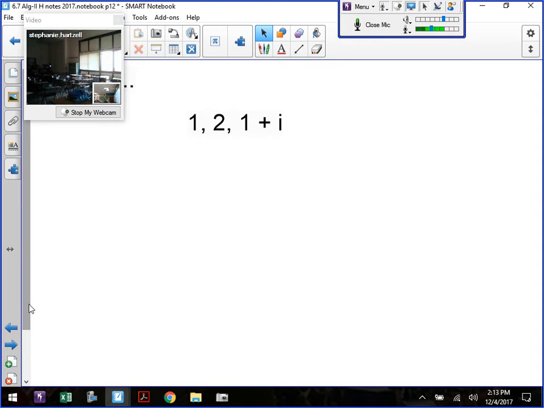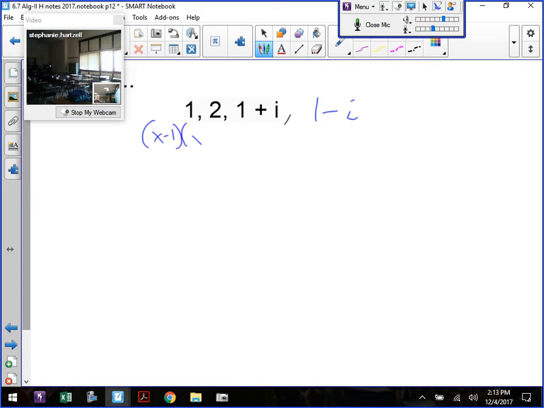So when you write this one out, remember the trick will be that if you have one of them, you have to have the other. So this will have to wind up being a fourth degree polynomial. Now the first ones are easy. X minus 1, x minus 2. That'll generate x squared minus 3x plus 2. Quick and painless on that part. The second part is where it takes a little bit longer.